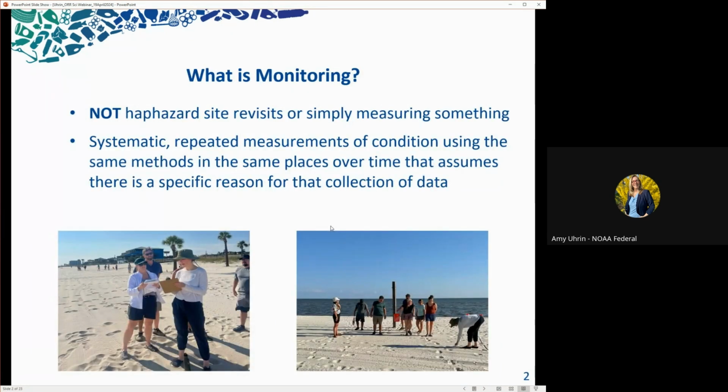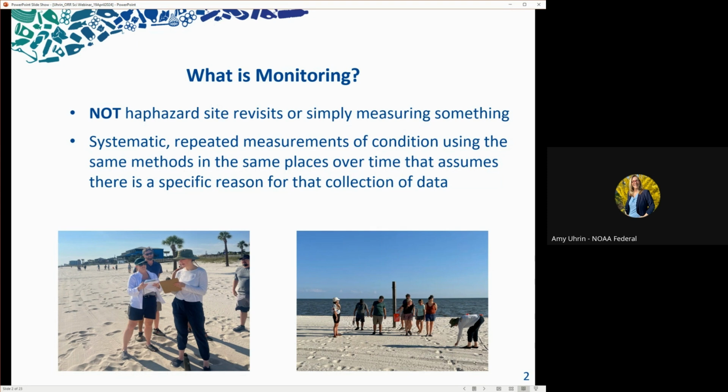There we go. Cool. So the first thing we need to do is ask ourselves, what is monitoring? What is it and what is it not? Because oftentimes this term gets tossed around to describe activities that really are not monitoring at all. So the first bullet is what monitoring is not.